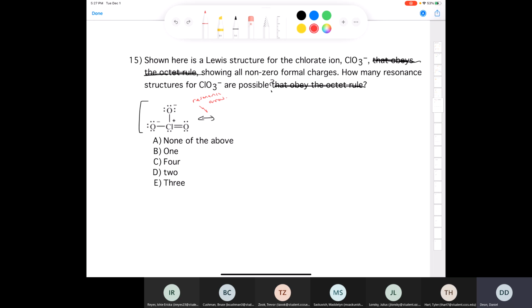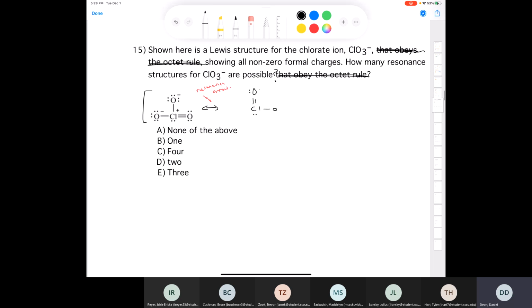But we know that because of resonance structures, that's not really true, is it? We know that each one of these chlorine oxygen bonds is kind of like 1 1/3 of a bond, right? Because this double bond is here, here, and here, right? But in order for us to represent that, we have to draw the resonance structures. So the way we would draw that is we would show the double bond being on the top, like this, like that.